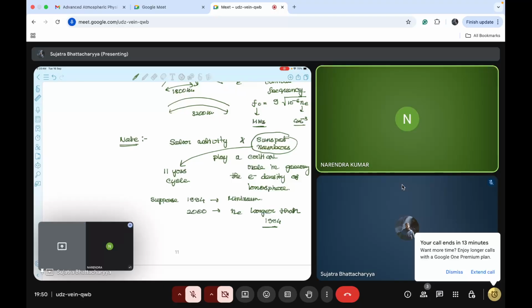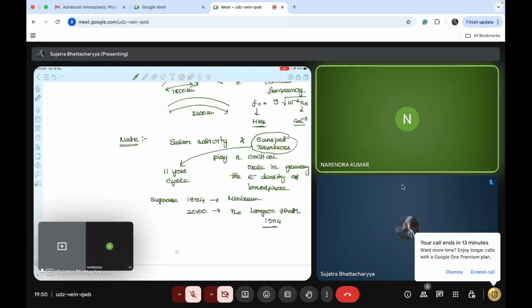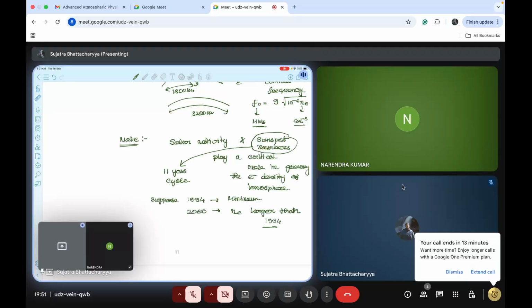It's a simple thing. During the daytime, the solar radiation comes, and at a particular frequency, some ions or some gases are prone to get separated or ionized based on X-rays of the sun. Some gases will use UV rays to separate out. In this way, it will try to produce ions.